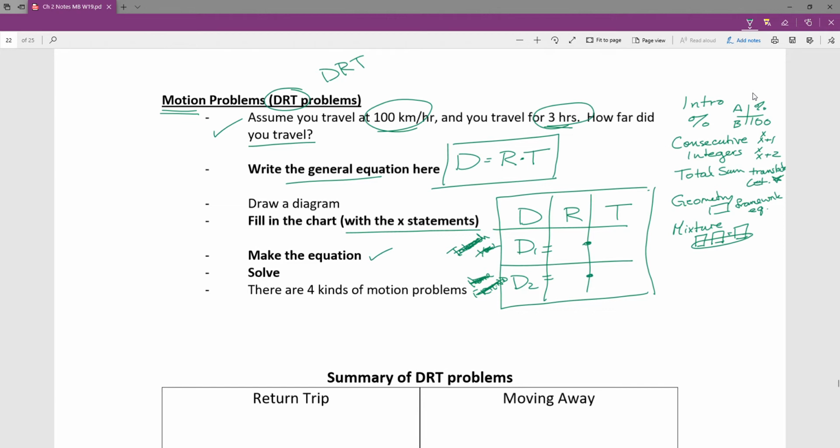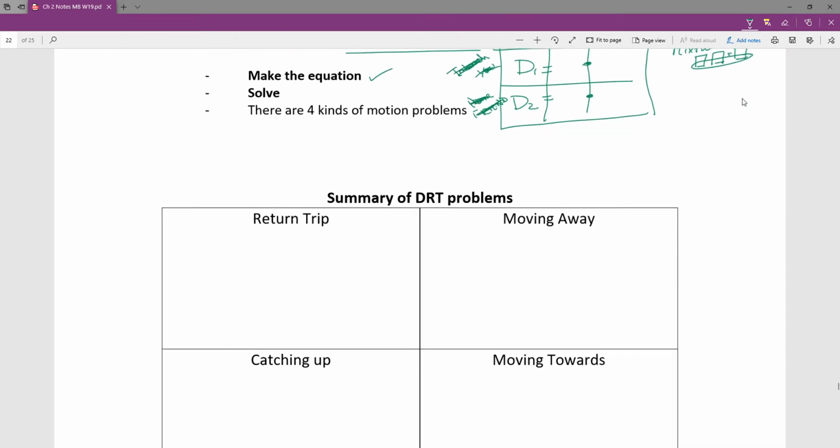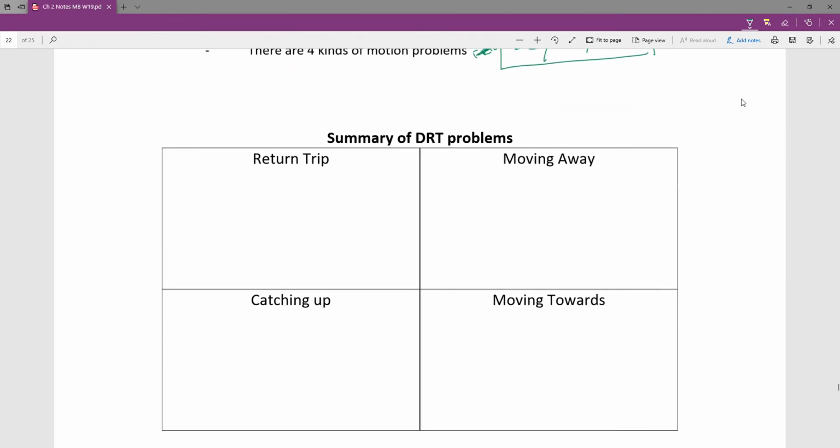There are 4 different ways of looking at motion problems, and I'm going to fill those out here. So this idea that we have distance, rate, time, I'm just going to put that again closer so I don't have to scroll for it. You probably still have it. So distance 1, distance 2, and we always know that distance equals rate times time.